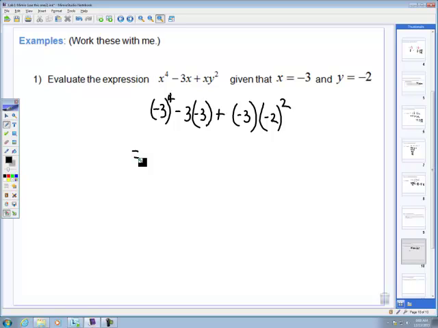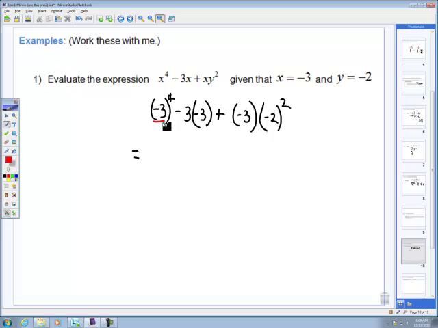Negative 3 to the fourth power. Notice negative 3 is in parentheses, so therefore negative 3 is our base. So this would be like negative 3 times negative 3 times negative 3 times negative 3.